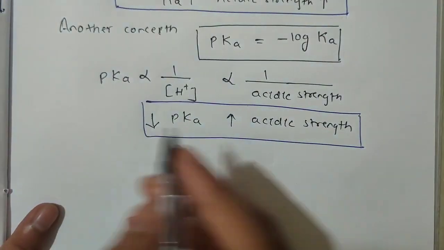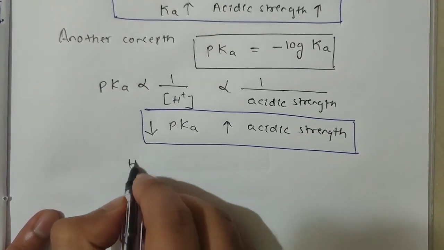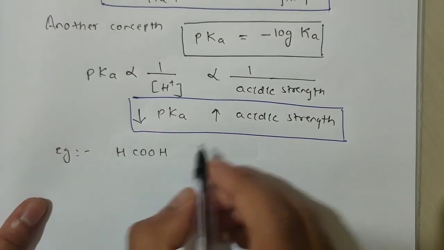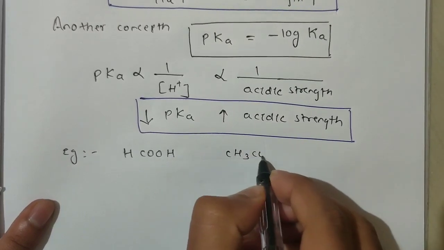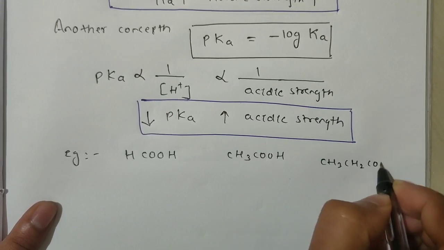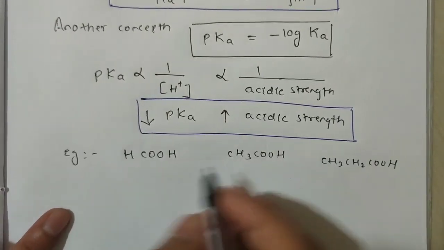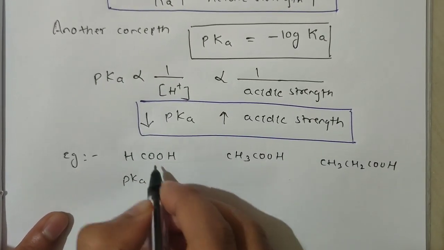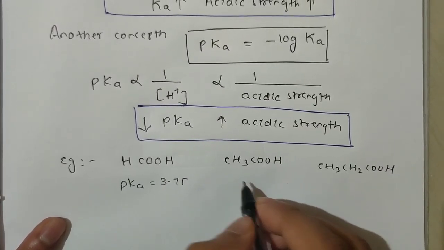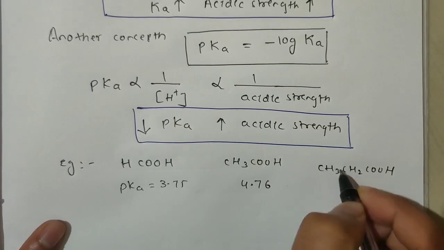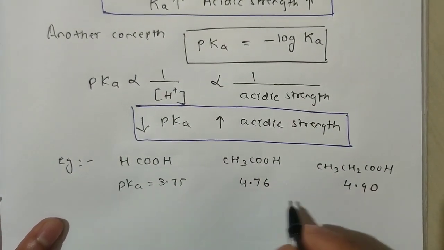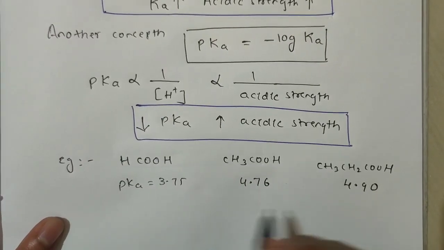Based on this I am going to solve one example, then only you will come to know. This is the example: formic acid, acetic acid and propanoic acid. Now I am going to assign the pK values. The pK value of formic acid is 3.75, that of acetic acid is 4.76, and the third one is 4.90. Now I have given the pK values.